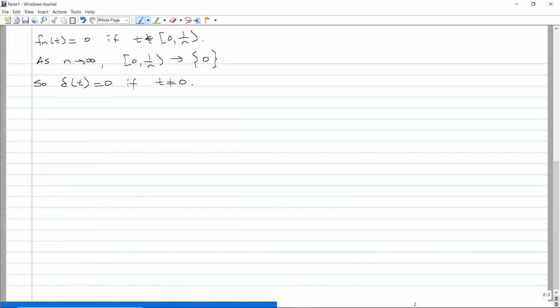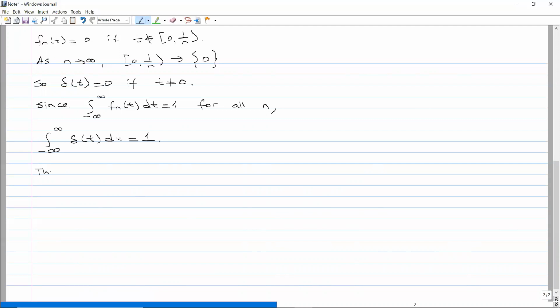On the other hand, since all the functions have integral equal to 1 for all n, in a way, the integral of this function delta t is also 1. Of course, this is not possible for any function. If the function is 0 everywhere except just one point, we expect its integral to be 0, not 1.